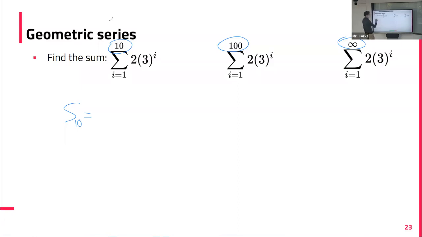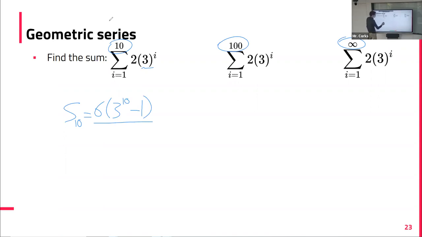What is our first term of this series? 6. So 2 times 3 to the exponent 1, 2 times 3, 6. And our R value, 3, the common ratio, multiplying by 3 each time. So 3, and our exponent, 10 minus 1. And on the bottom, R minus 1.